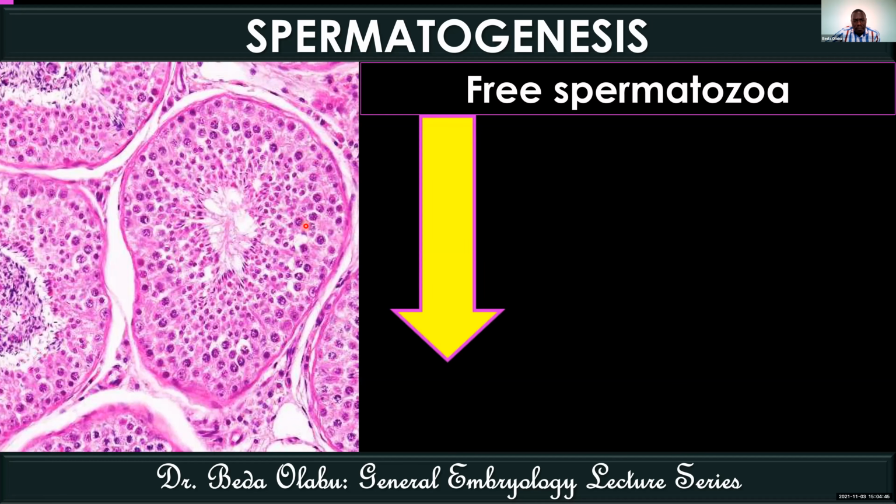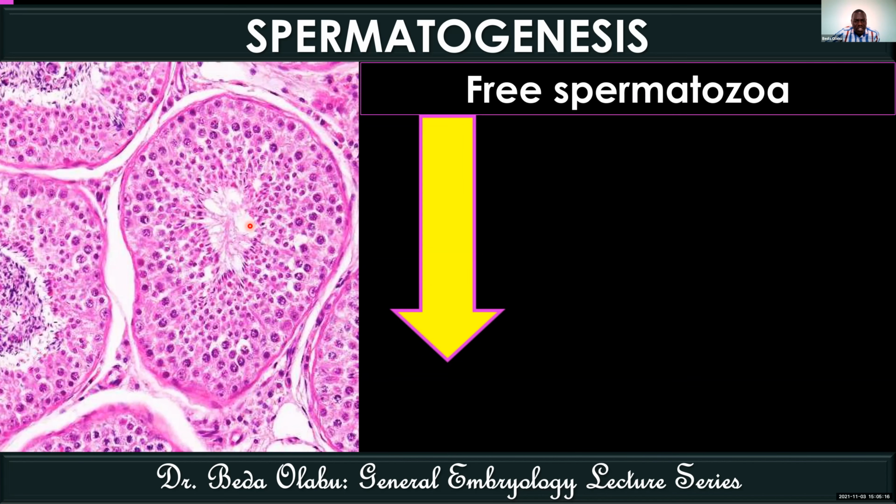See here, this is the seminiferous tubule where spermatogenesis takes place. The spermatogonia would be on this other side of the wall of the seminiferous tubule. And for those 2 months of development, the sperms move that way. So the ones you're seeing here are actually the ones which are about to be spermiated into the lumen.